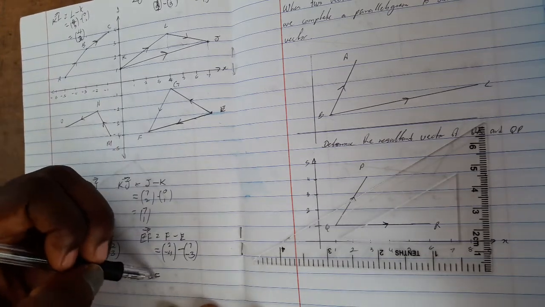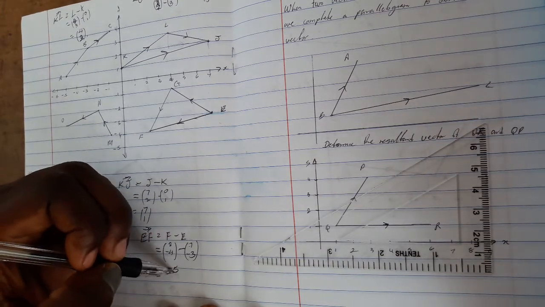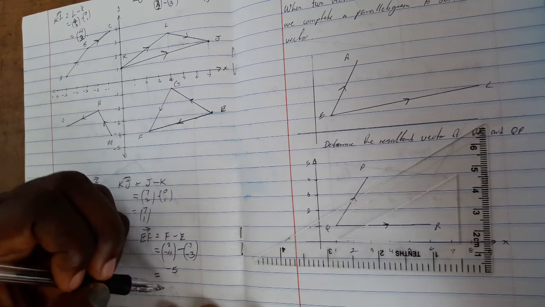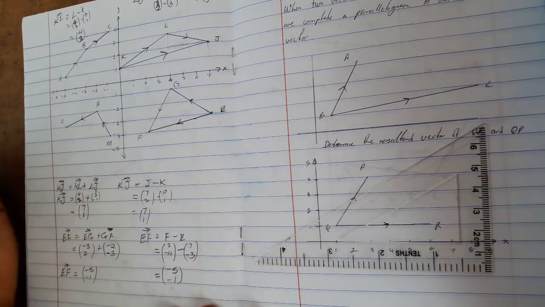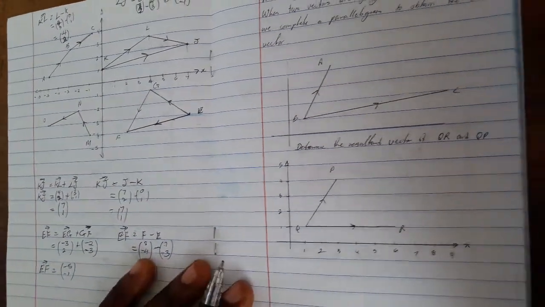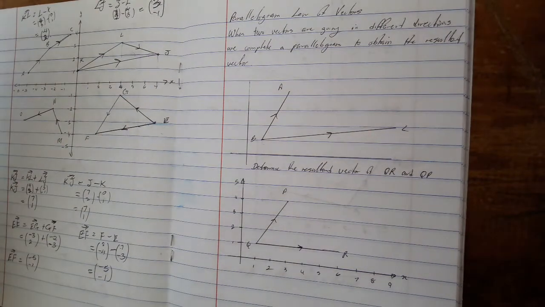So let's get this. 2 minus 7 is minus 5, and minus 4 minus minus 3, these two become positive, minus 1. And that's how you do the vector triangle law. Good. This is the guy that you have to worry about in your examination.